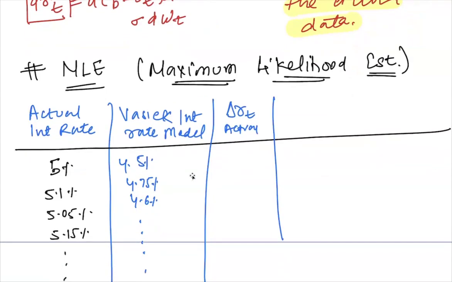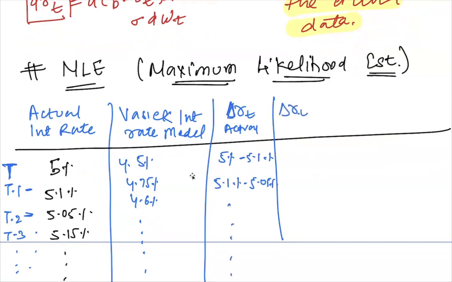So let's say this is today, t minus 1, t minus 2, t minus 3, and so on. This is the value today, and this was the value yesterday, the day before yesterday, and so on. So how will you calculate the change? 5% minus 5.1%, 5.1% minus 5.05%, and so on, right? This is your actual change in interest rate.